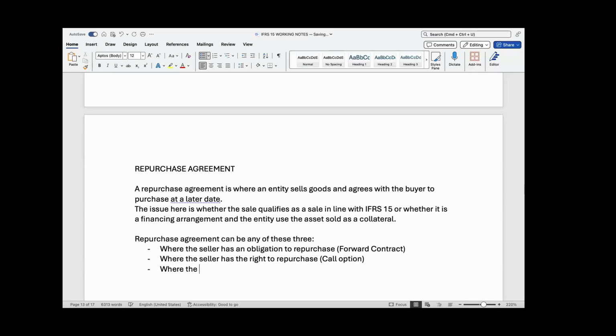Another one is that where the buyer has a right to sell it back to the seller. How can I put it in a more simple way?